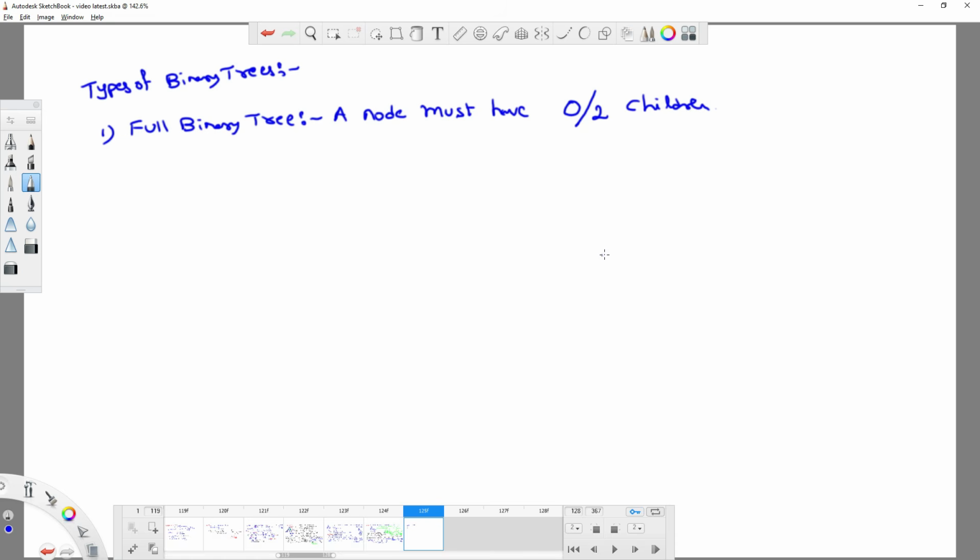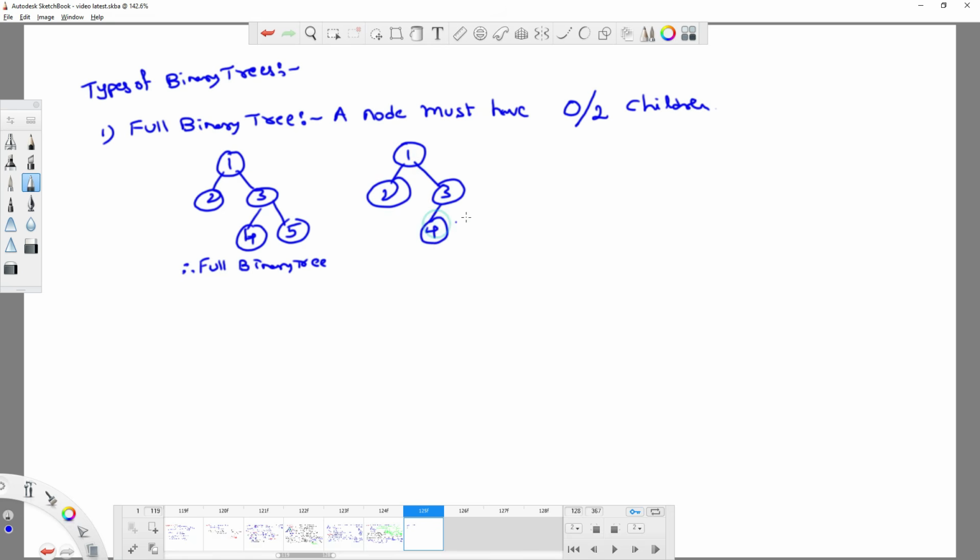Right? So, based on that, for example, if I say this example 1, 2, 3, 4, 5. Can I call this a full binary tree? We call this a full binary tree. For example, now is it a full binary tree?